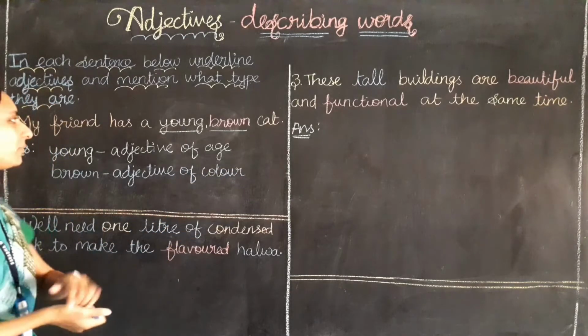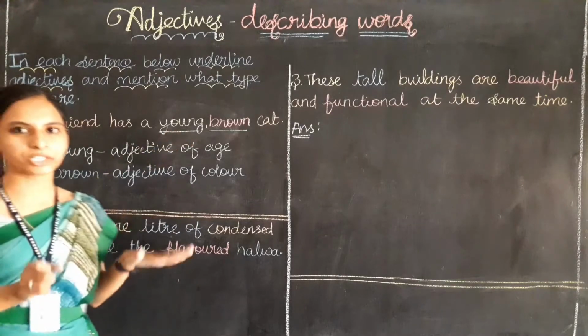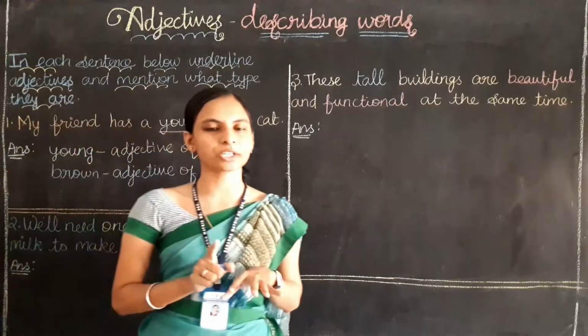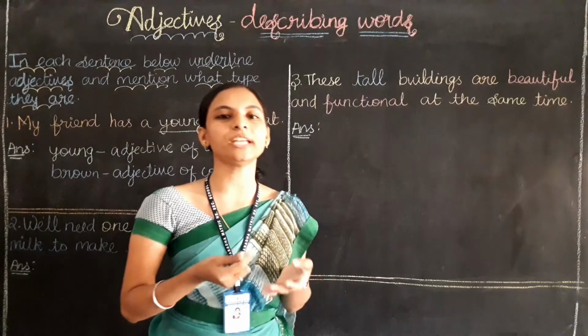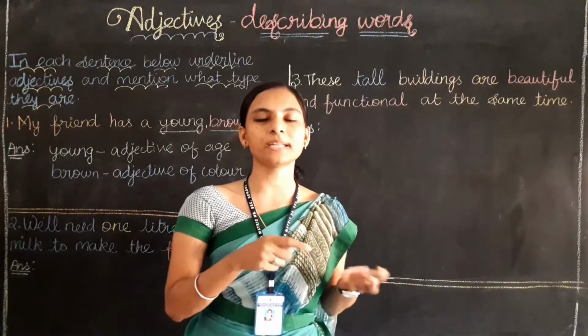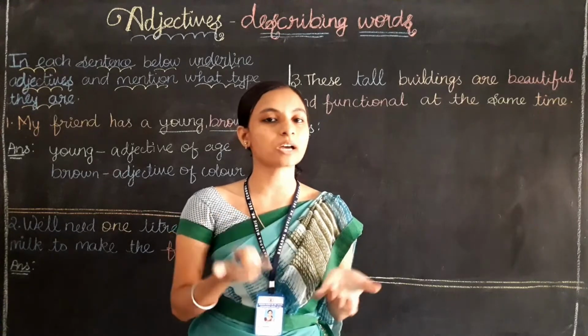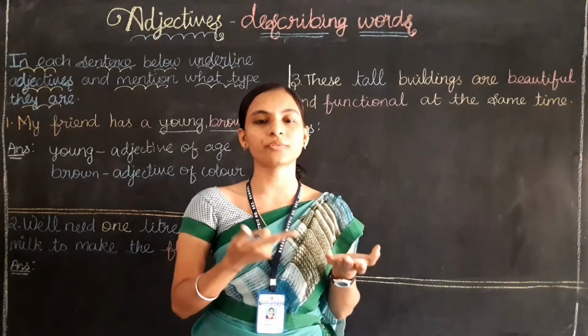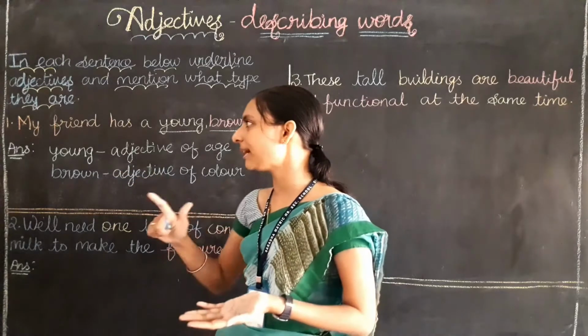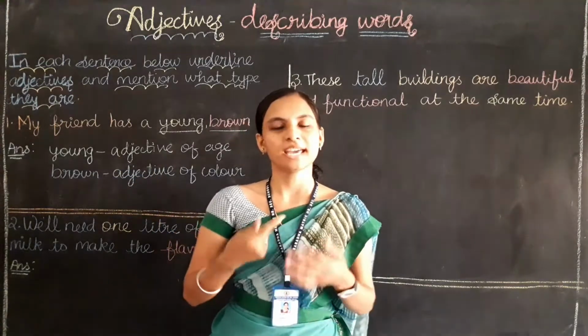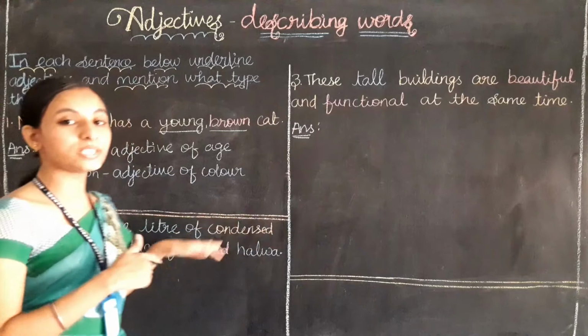Very simple. See, you have to find out the adjective first. We need to find out adjective words first, and then we need to find out which type it is, whether it talks about the quality or quantity or taste, sound or color, size, shape of the noun. So first question we have written. Is it very easy? Yes. Let's do the second sentence.